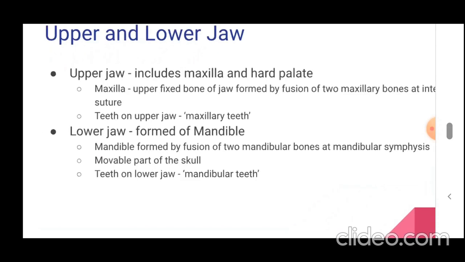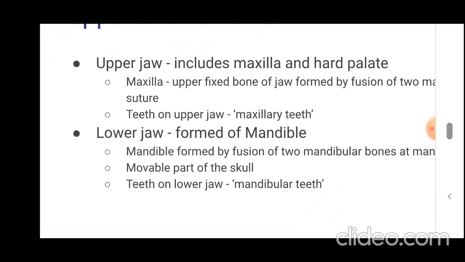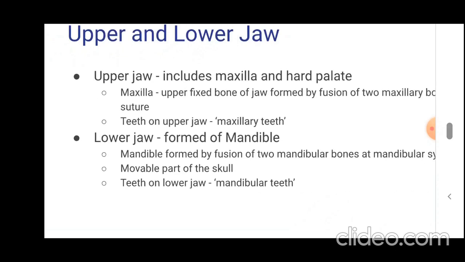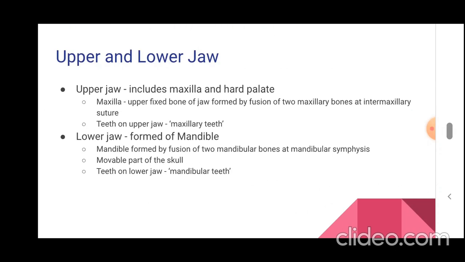Now upper and lower jaw. The upper jaw includes the maxilla and the hard palate. Among these two areas, the teeth are present on the maxilla. The maxilla is the upper fixed bone of the jaw, formed by the fusion of two maxillary bones at the intermaxillary suture. Teeth on the upper jaw are known as maxillary teeth since they are present on the edge of the maxilla.